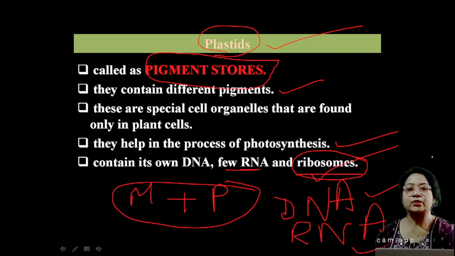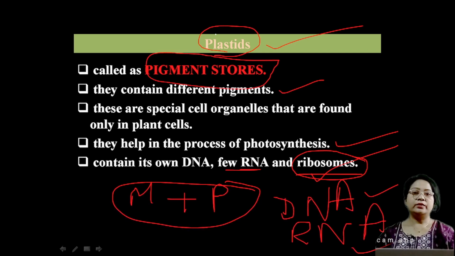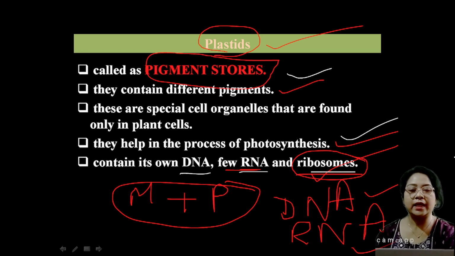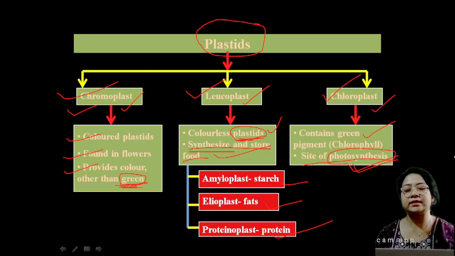Then at last we got to know about plastids. Plastids are pigment stores. They contain different types of pigments, and they help in the process of photosynthesis. The main peculiar point is that they contain their own DNA, RNA, and also ribosomes, likewise in the case of mitochondria. The different types of plastids we studied: chromoplast, leucoplast, and chloroplast.